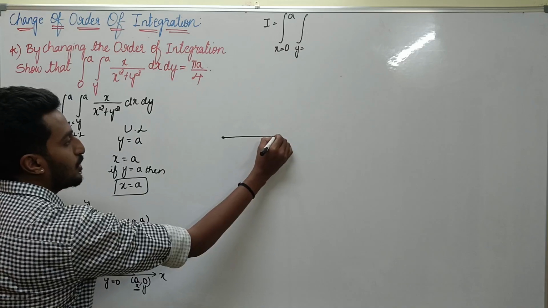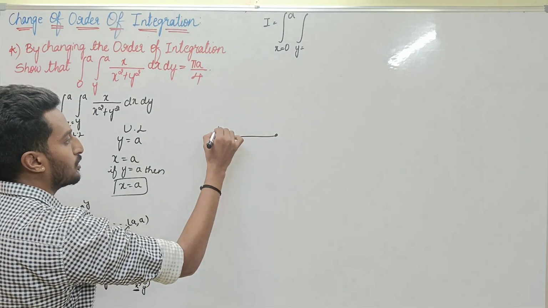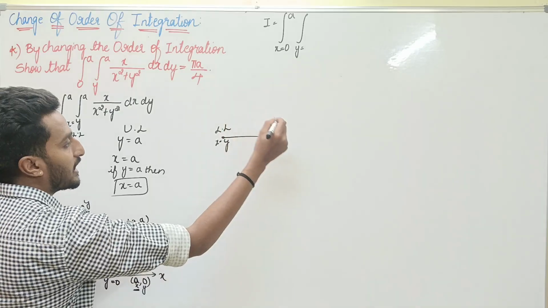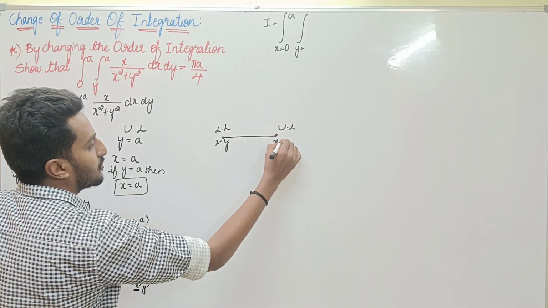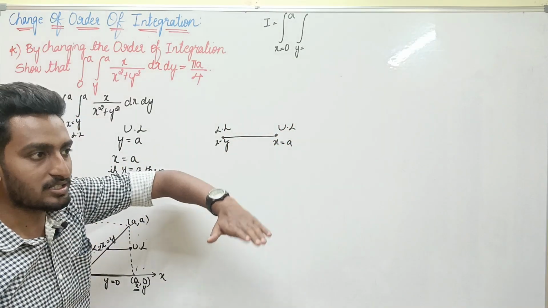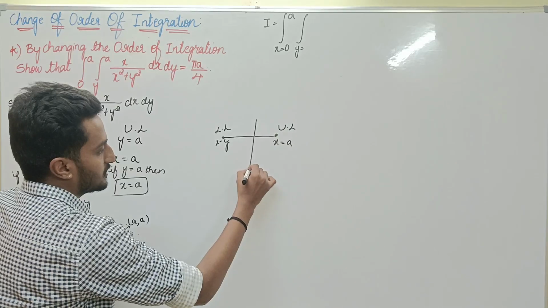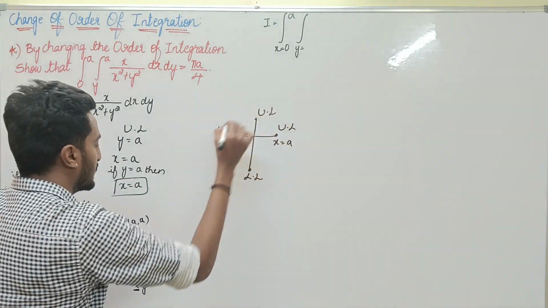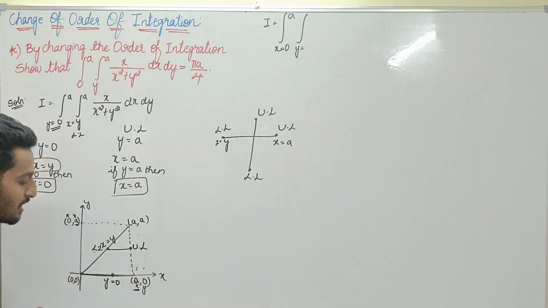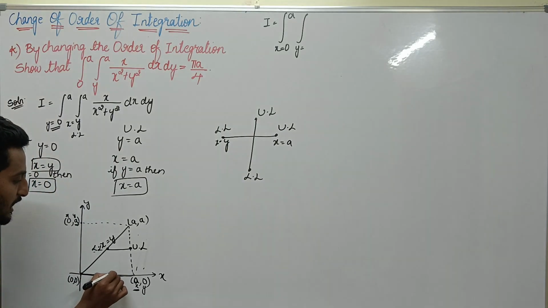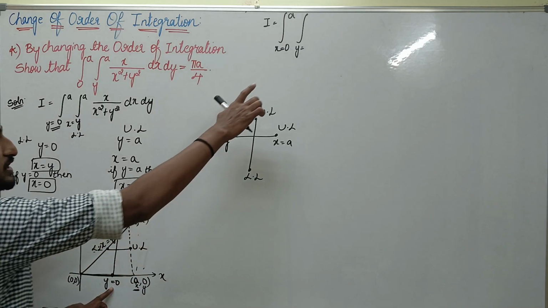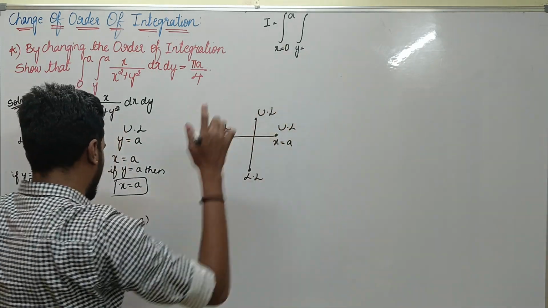Now we have horizontal lower limit, that is x equal to y, and upper limit x equal to a. Now horizontal changes to vertical, that is, now this will be our lower limit and this will be our upper limit. But I need to represent with respect to which variable? With respect to y.